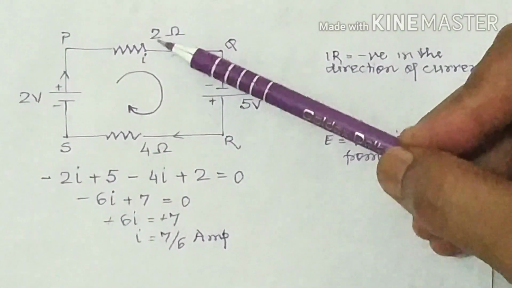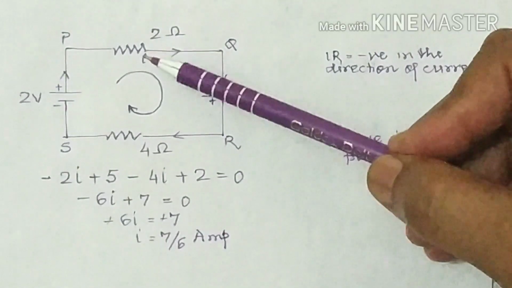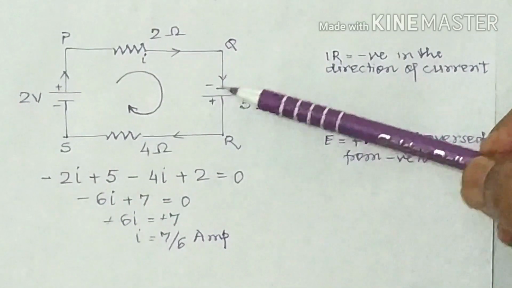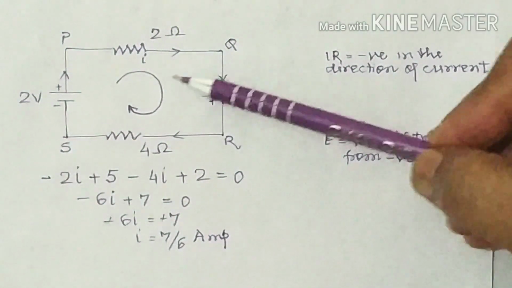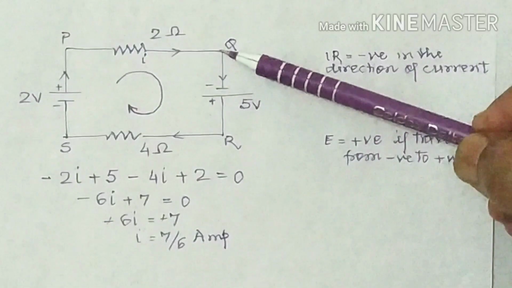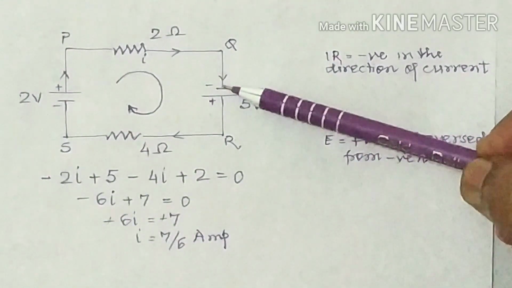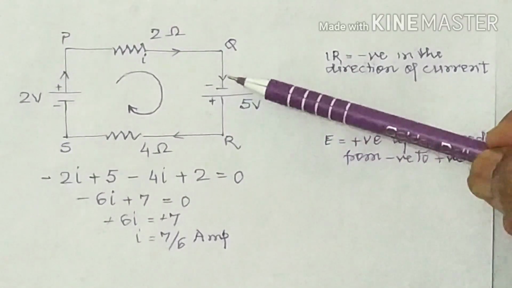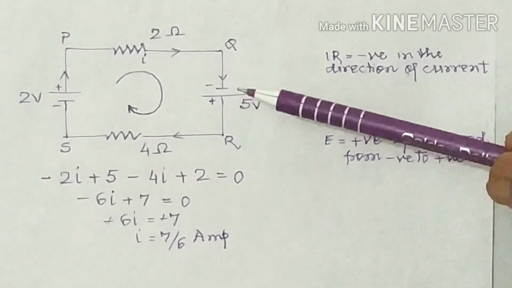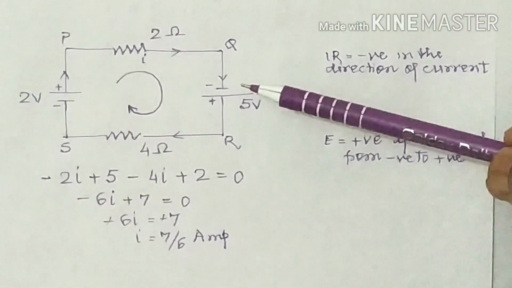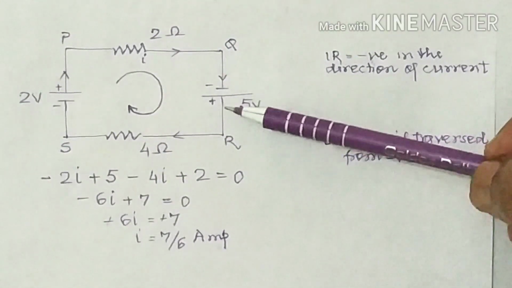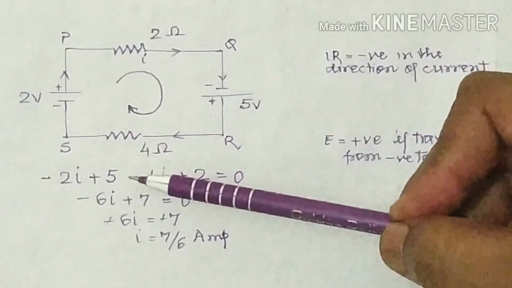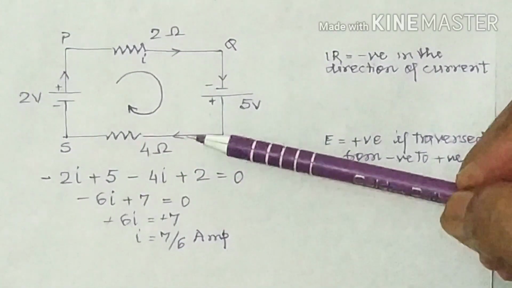So minus 2I, where I is the current flowing in the circuit. Now at this element, you are moving from negative to positive. If you are moving from negative to positive, then the EMF across the battery will be taken as positive. So plus 5, as we discussed earlier.